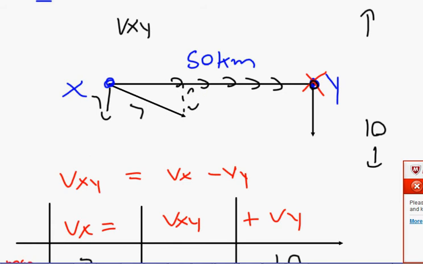So this means that the velocity of X relative to Y can go in one direction only. Do you know what direction that is? It has to go this way. It's going to be falling away from Y. Okay? In fact, it might be getting further away from Y. If anything, it's hard to know.